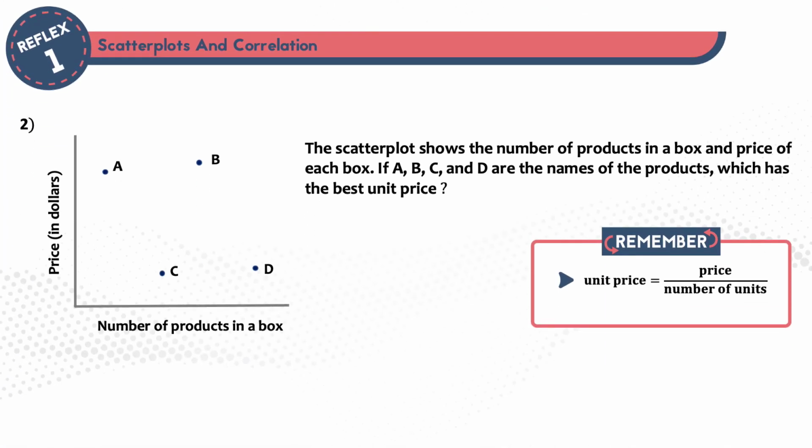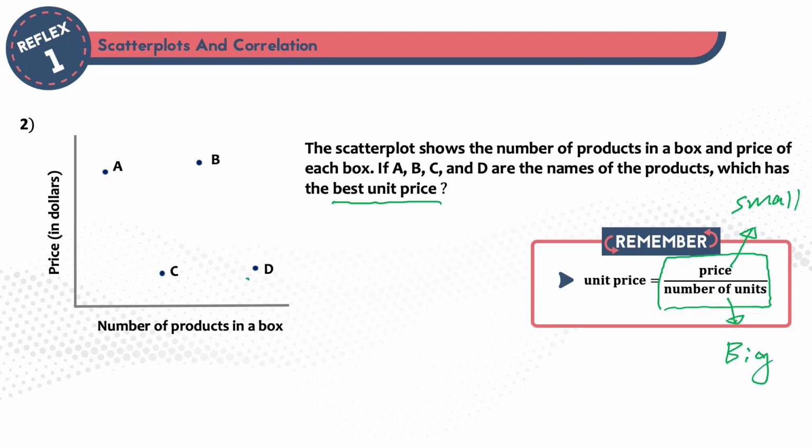Number 2, the scatter plot shows the number of products in a box and the price of each box. If A, B, C, and D are the names of the products, which has the best unit price? Okay, remember the unit price is equal to price divided by the number of units. Now, in order to get the best unit price, or the lowest unit price, we want the top to be as small as possible and the bottom to be as big as possible.